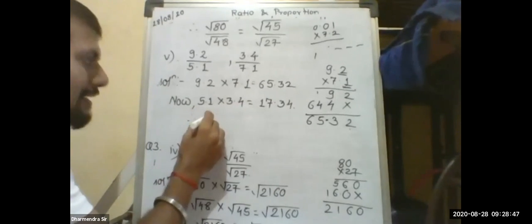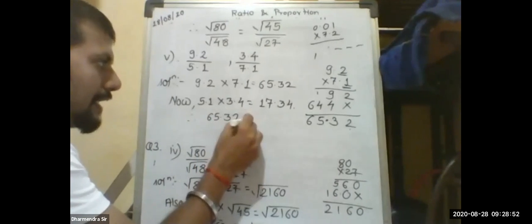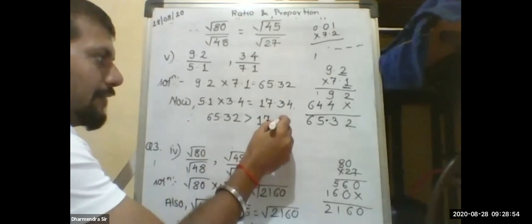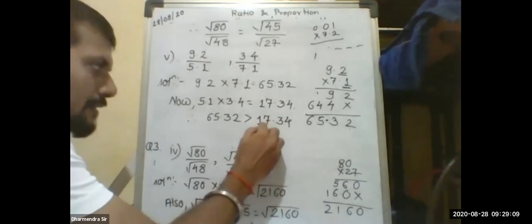So from this we can easily see that 65.32 is greater than 17.34. After decimal, you should not read it as 34, because after decimal, its value decreases. It is not actually 34. We always read it as 17.34, whatever the number is, not as 34, which is incorrect.